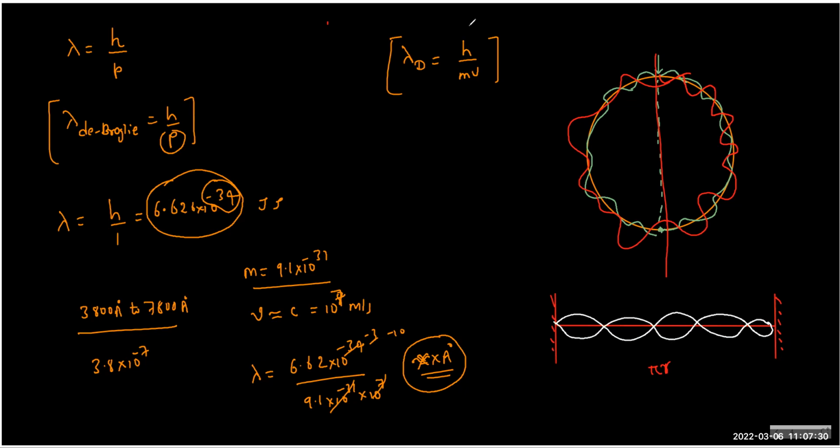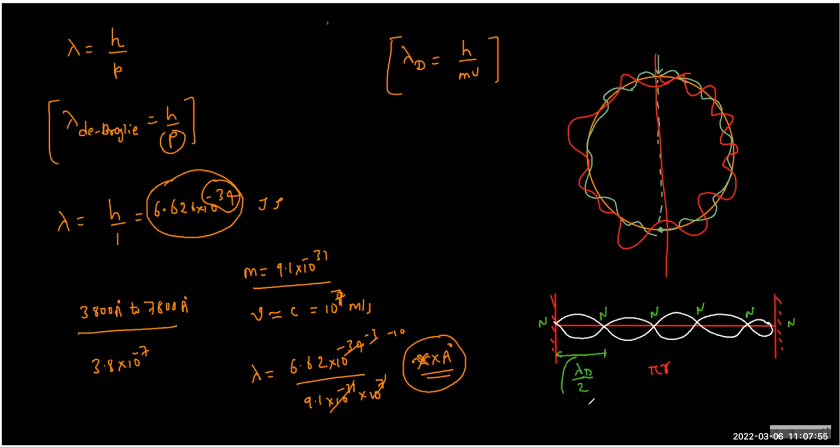Now, from the theory of standing waves, what we know is that between two nodes, the gap is lambda by 2. So exactly this is the de Broglie wavelength by 2, lambda d by 2. Understood?